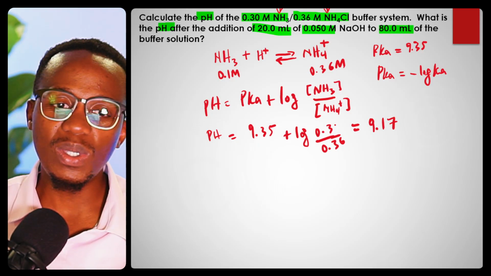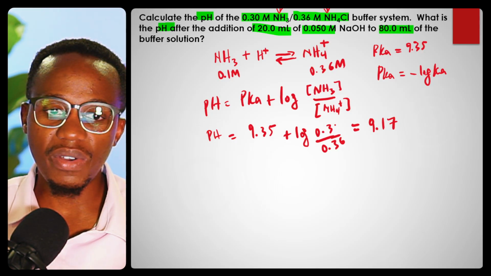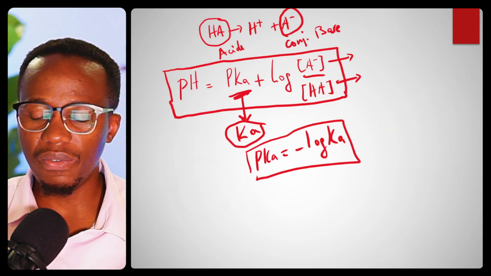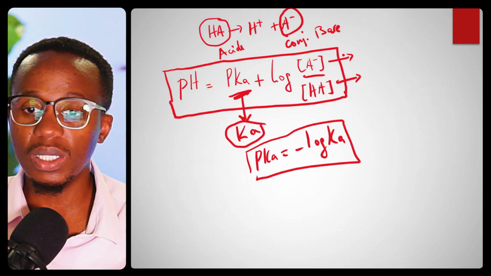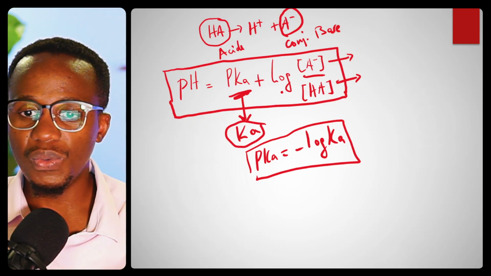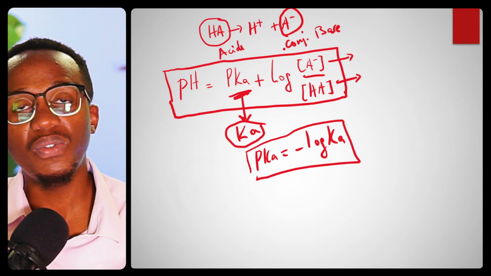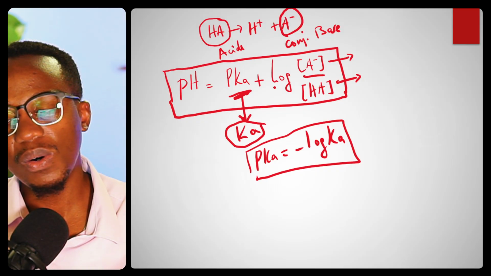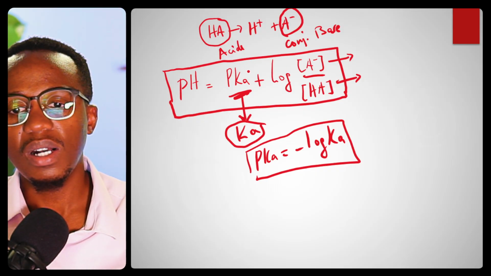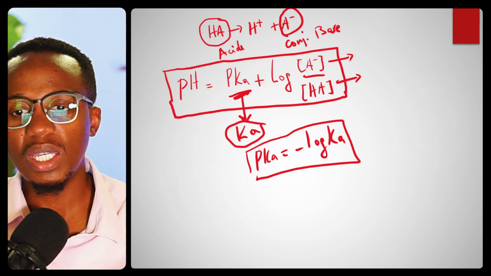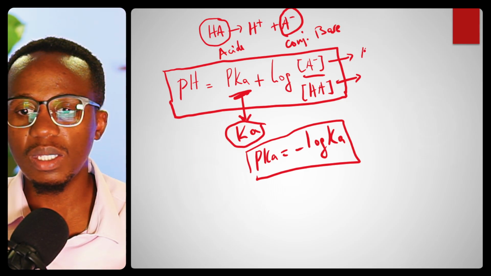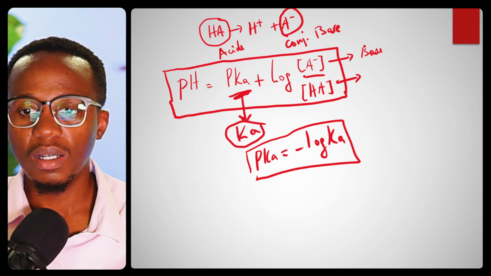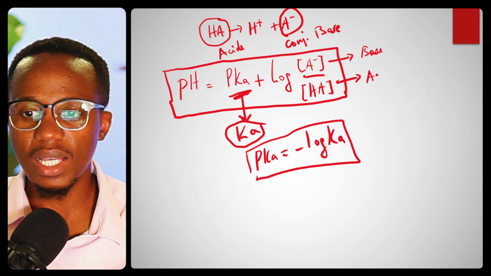So we use the Henderson-Hasselbalch equation very frequently when it comes to buffers. You can use it for your acid buffer or your basic buffer, as long as you remember pH is equal to pKa plus log of A minus, which is the base, over HA, which is the acid, right?